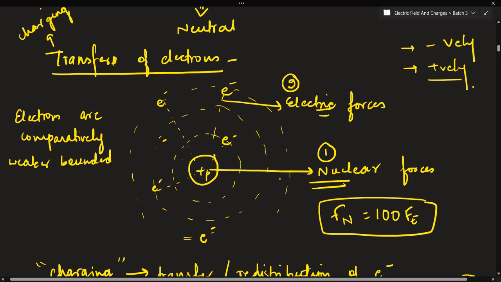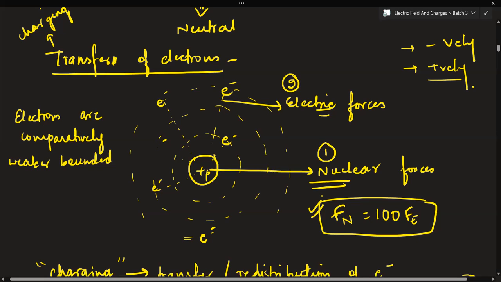Electrons revolve around the nucleus with the help of electric forces only. But there's a relationship between the nuclear forces and the electric forces. Nuclear forces are stronger than electric forces. It means the nuclear forces are approximately 100 times stronger than electric forces.